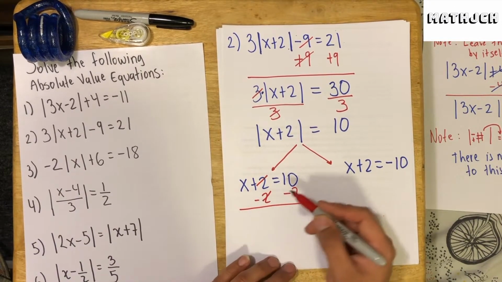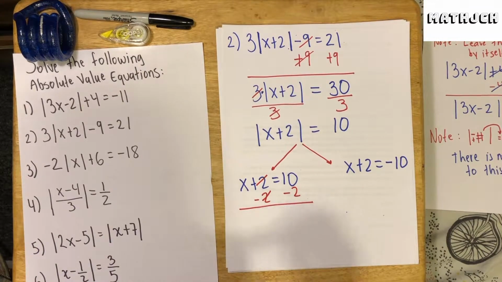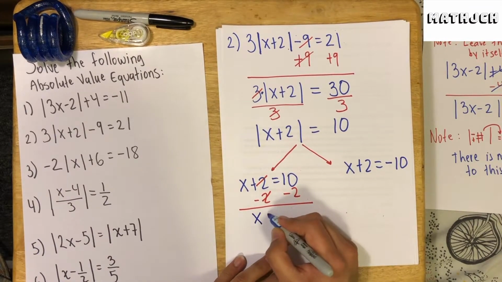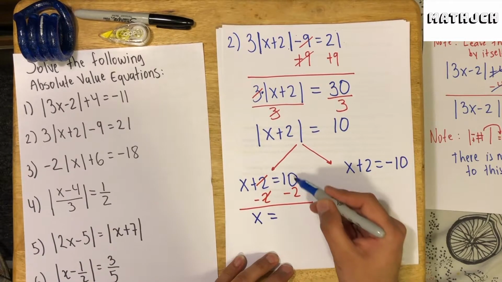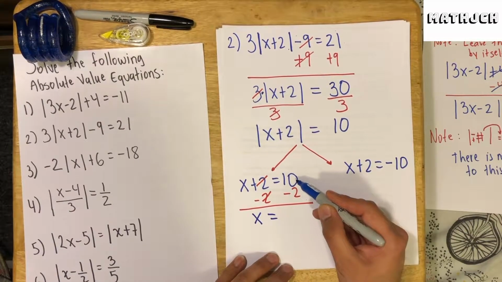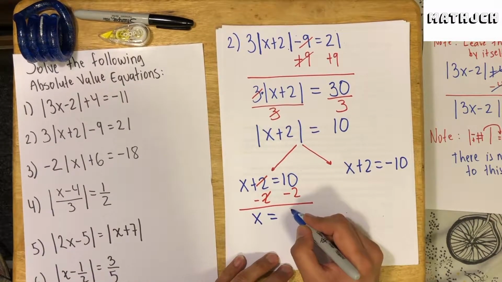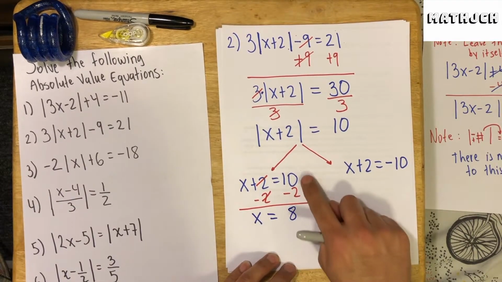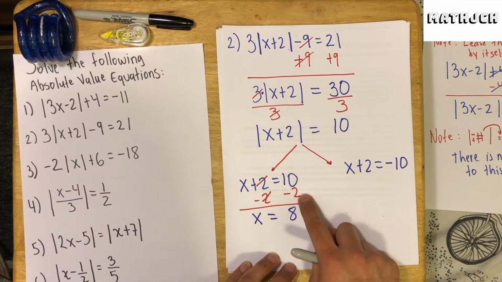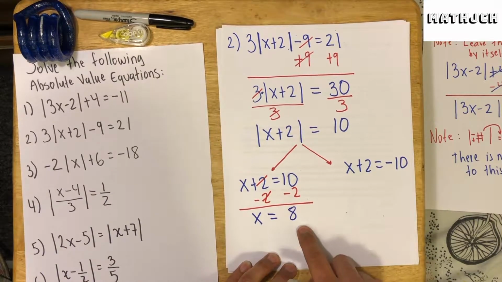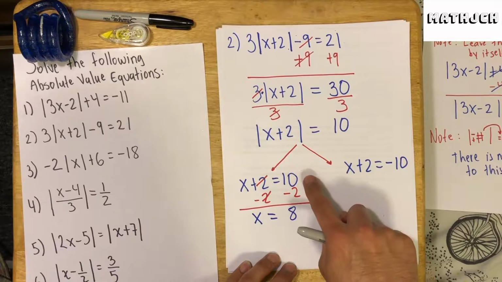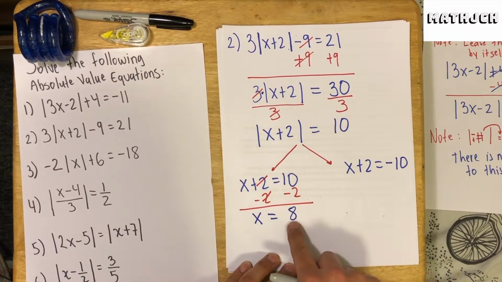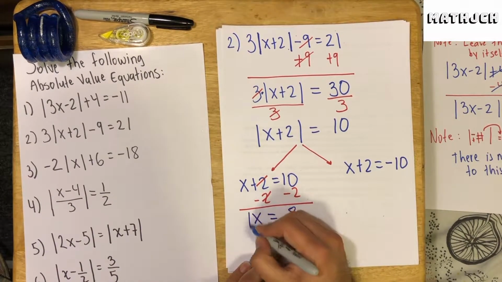So the 2 minus 2 cancels, and I'm left with x equals, and then we do the operation here, which is the 10 minus 2, that will give me positive 8. Notice here, we have a positive number and a negative number, so we subtract, and we keep the sign of the bigger number. In this case, my bigger number is 10, so my answer will be positive. So that's one solution.